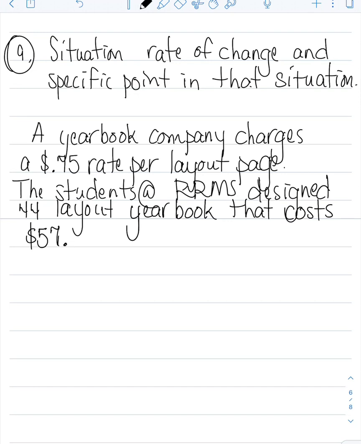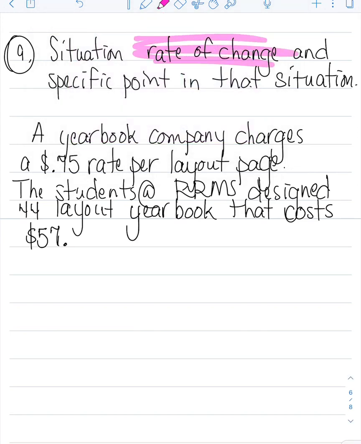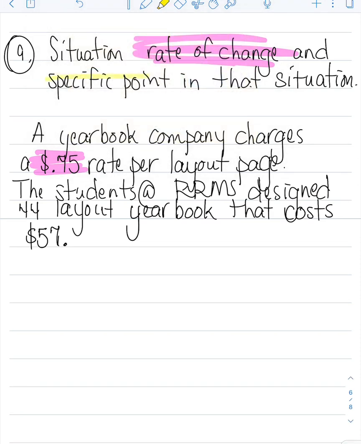So if you encounter a word problem or a real-world situation that gives you a rate, remember that's our slope. Did they give us a rate? Yes, they did. And a specific point in that situation, well, they did a 44 layout yearbook that cost $57, and they ask you to write an equation.